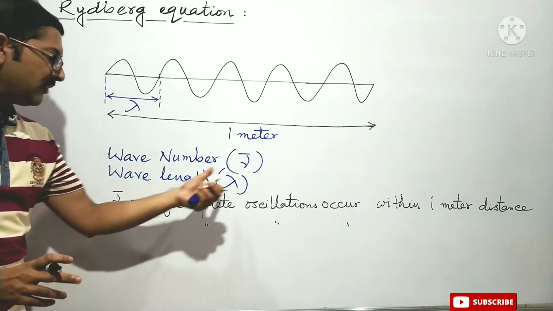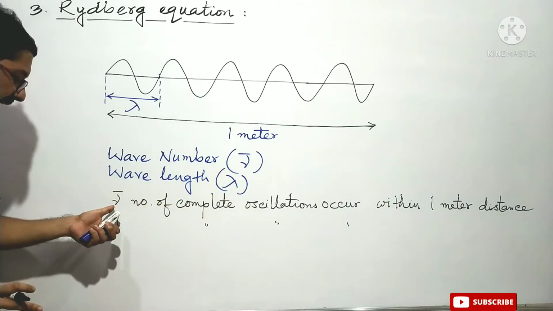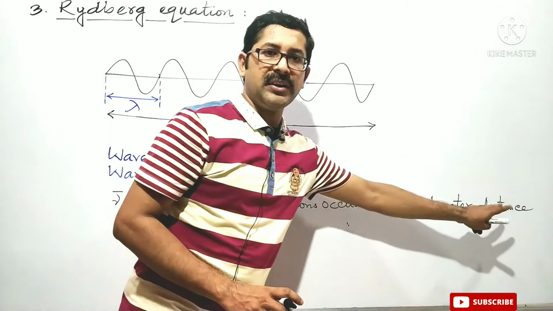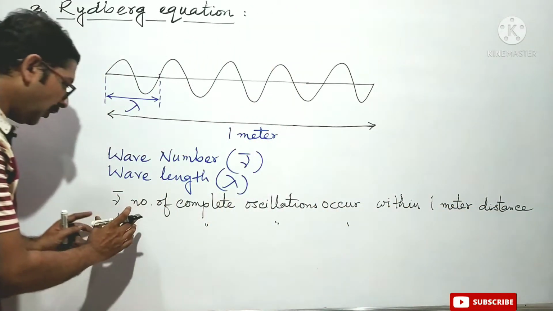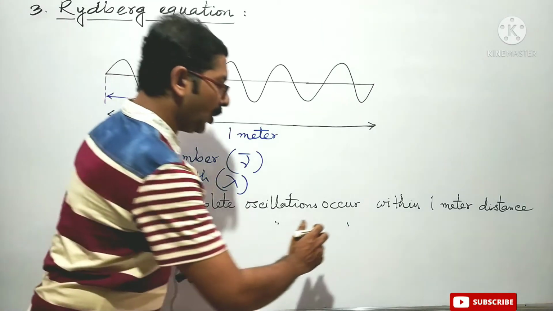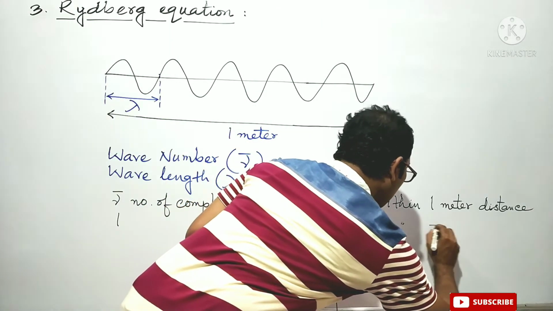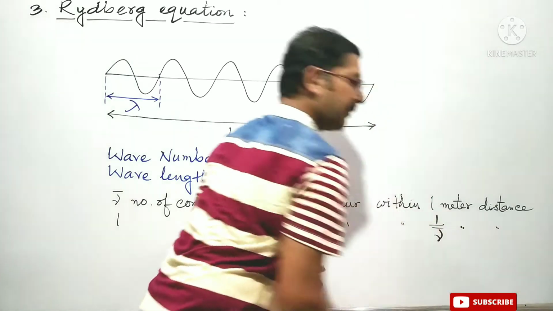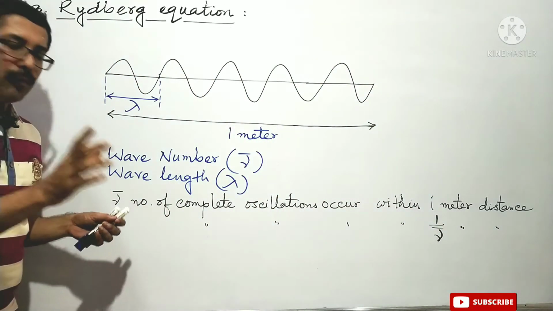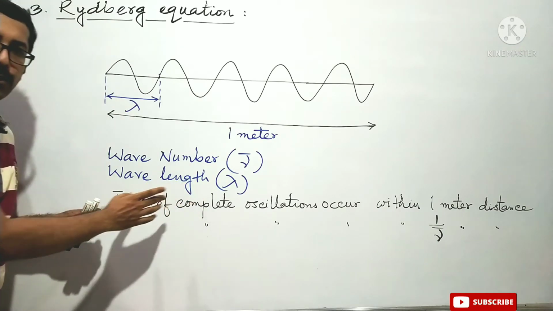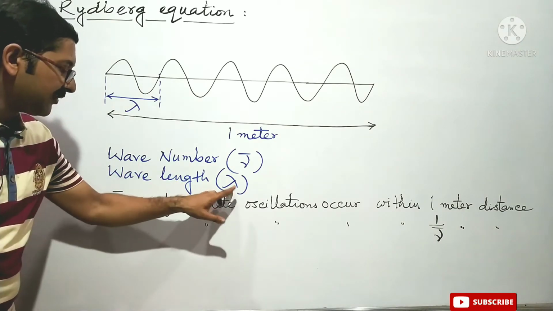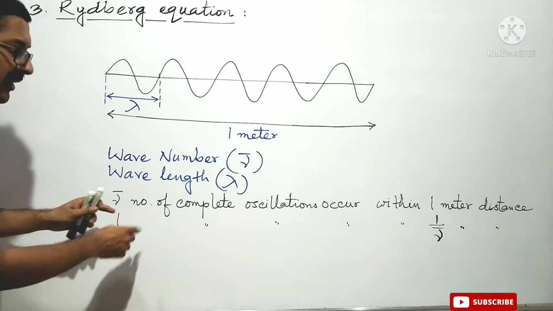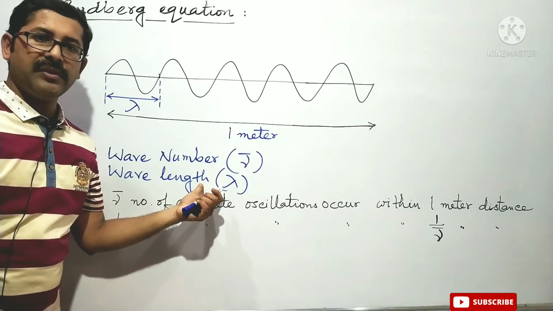Now from the definition of nu bar, we can write that nu bar is the number of complete oscillations within 1 meter distance. So one complete oscillation occurs within 1 by nu bar meter distance, right? Now from the definition of wavelength, we know that the distance traveled by the wave during its one complete oscillation is known as its wavelength.